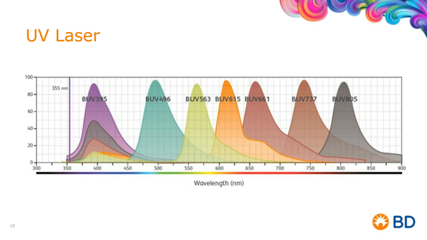When we look at a laser line, there is a story: at the beginning of a laser, there's very little problem. At the end of a laser line, for instance BUV 805 here, there are fewer problems. The problems occur in the middle, across laser excitation, as well as between the tandems themselves.